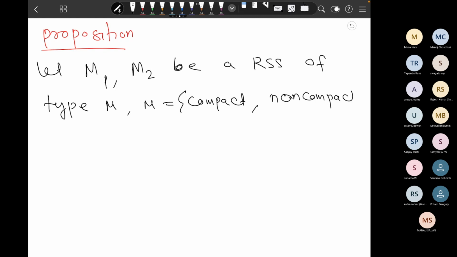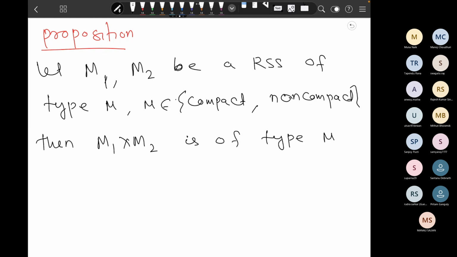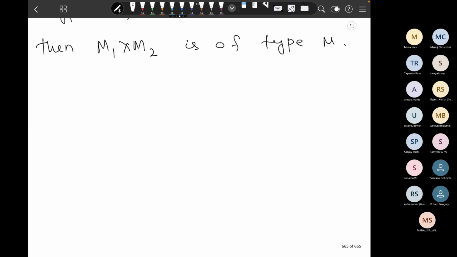Then their Riemannian product M1 cross M2 is of type mu. If M1 is a Riemannian symmetric space of non-compact type and M2 is of non-compact type, then M1 cross M2 is of non-compact type.